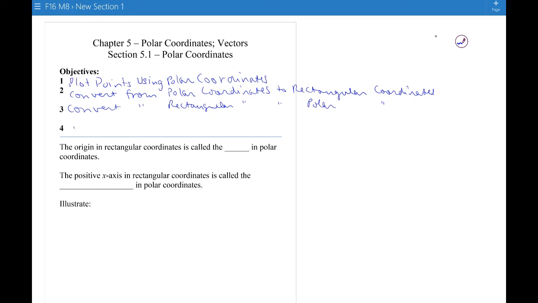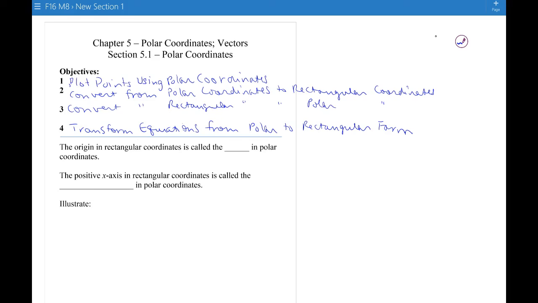And then we're going to look a little bit at how to transform an equation. So transform equations from polar to rectangular form. We'll talk a little bit later about why that might be important to be able to do.